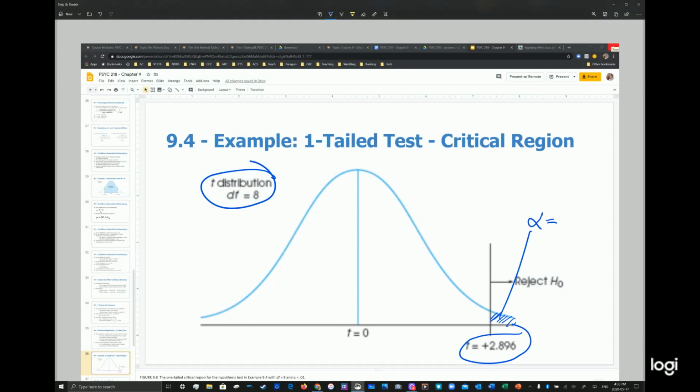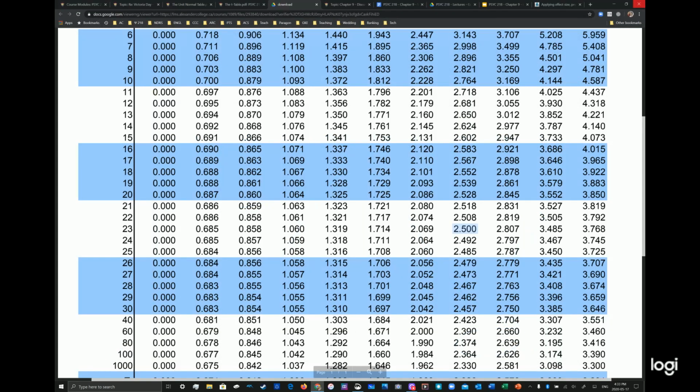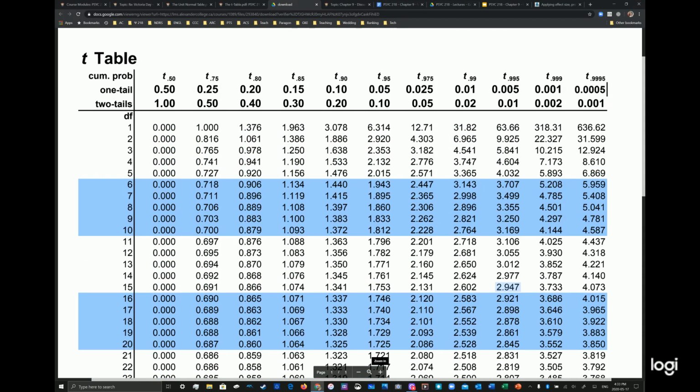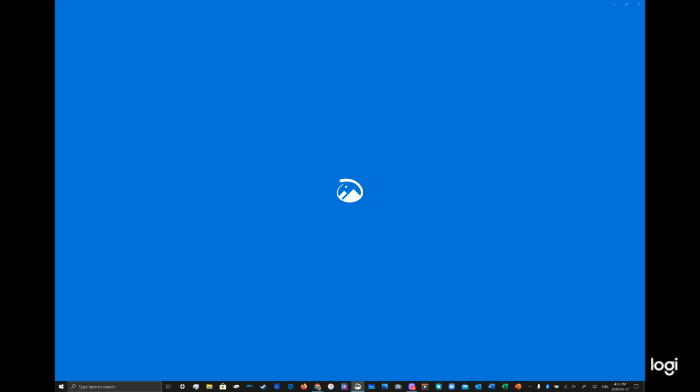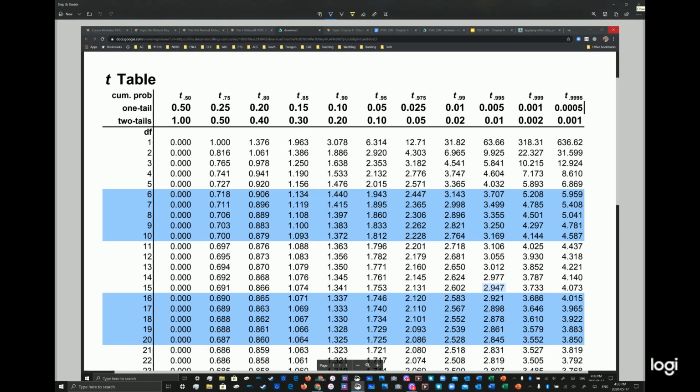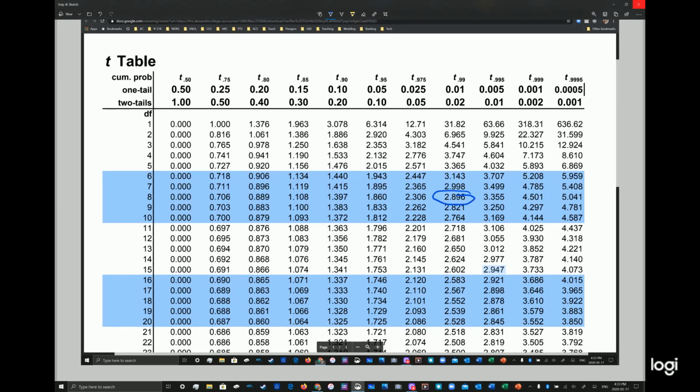So if we go back to that table and scroll up. Okay. First we locate 2.896. Degrees of freedom is 8. Good. Okay. We found it. In the column, it says one-tailed test at alpha is equal to 0.01.